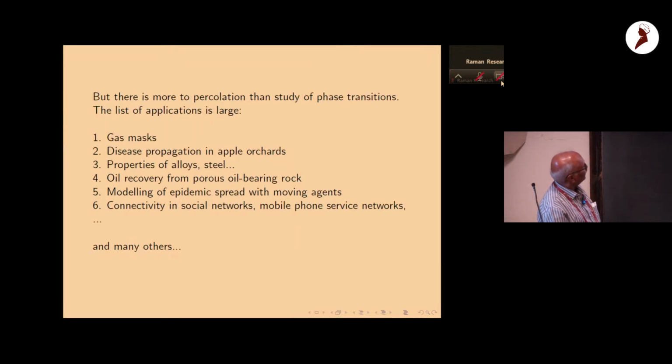But just as a counter to this pure mathematical approach to the phase problem of percolation, I'm mentioning that there are a lot of applications. Percolation theory was started by Hammersley trying to understand gas masks. This was during the Second World War, and people were interested in making them efficient.